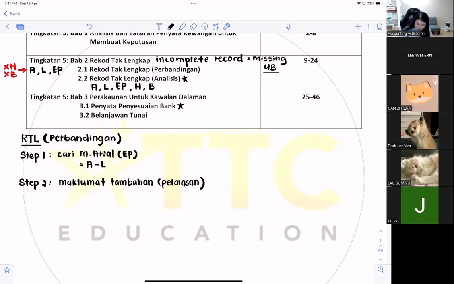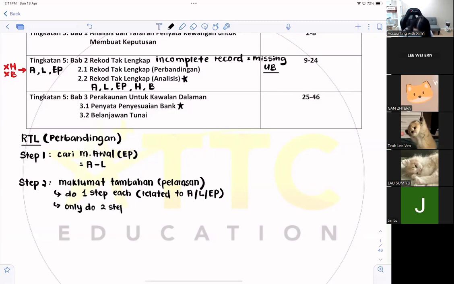So you do everything. Do one step each related to asset, liability, EP. Only do 2 steps if stated belum direkod.